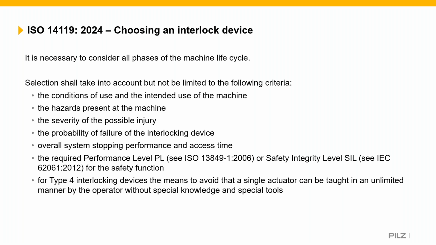So we need to ensure that there is a specific process that must be followed, to stop anybody just retraining actuators for type 4 devices so that they can be easily manipulated and overridden.